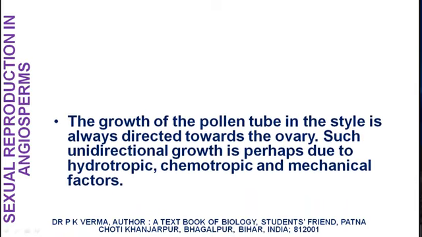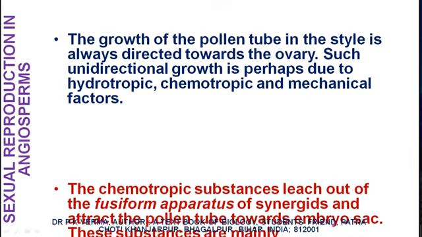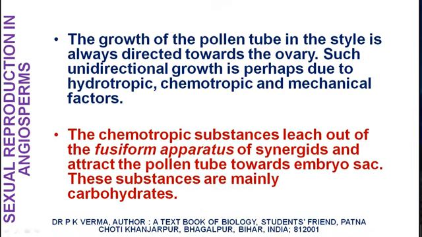Now, whatever may be the path of movement and development of the pollen tube, the growth is always directed toward the ovary and towards the ovule. Such unidirectional growth is perhaps due to hydrotropic, chemotropic, and certain mechanical factors. The chemotropic substances must be released from the ovule itself.